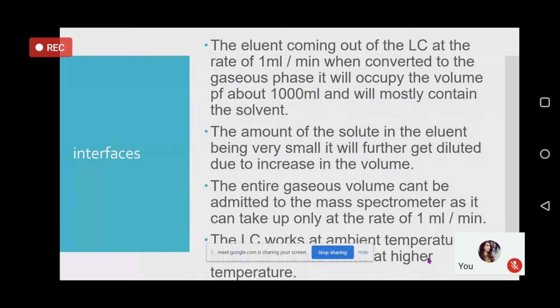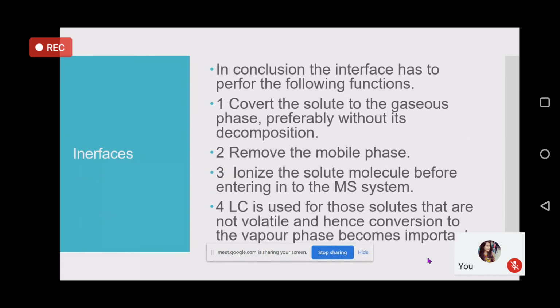The last point is that the LC works under ambient temperature conditions, whereas a mass spectrometer usually works at an elevated temperature. It's not just that the mass spectrometer happens to work at elevated temperature; it has to. Can anybody tell me why the mass spectrometer has to work at a higher temperature?